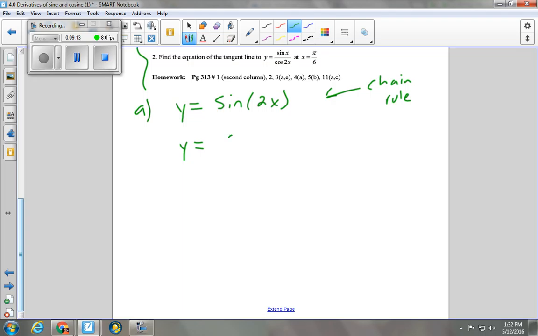So it's going to be y prime equals cos 2x, but then we have to multiply by the derivative of the inside, which is just 2. So y prime would be equal to 2 cos 2x.